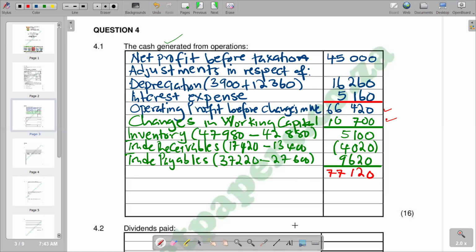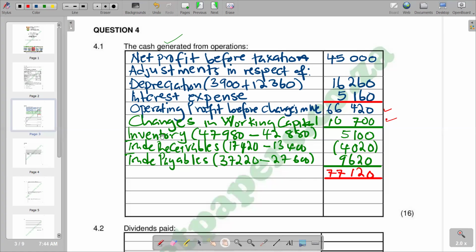So basically, this becomes your final answer. This figure represents cash generated from operations, and it's supposed to be transferred to the statement of cash flow under our cash flow from operating activities. So this is what we have on the first part.